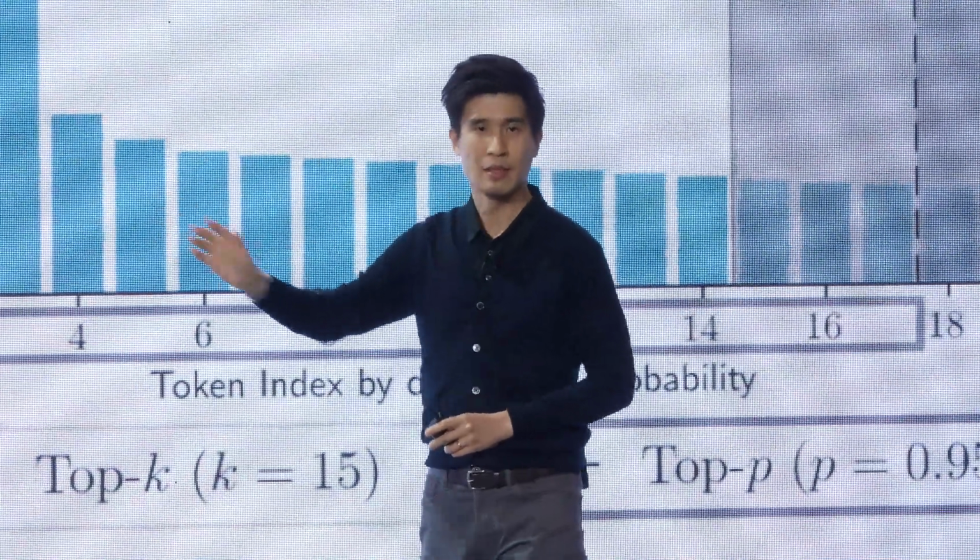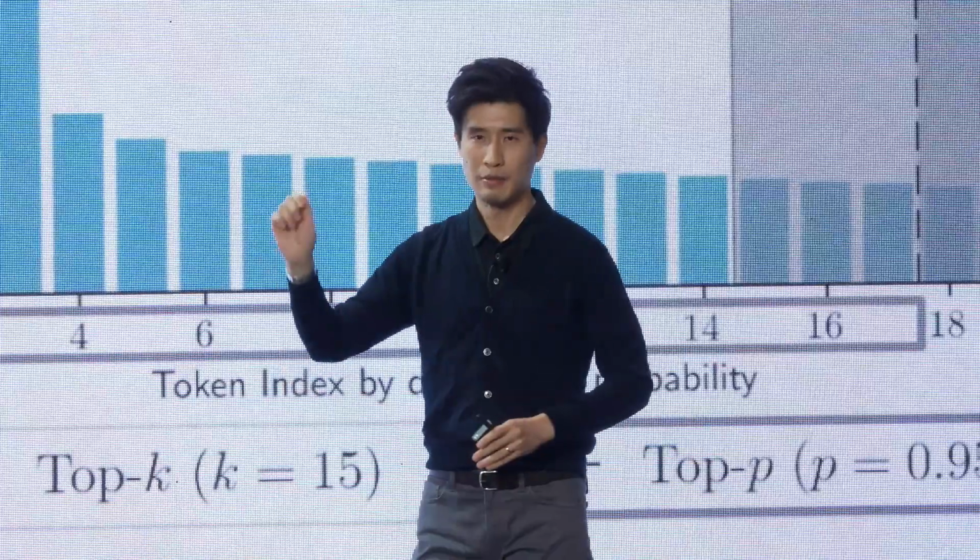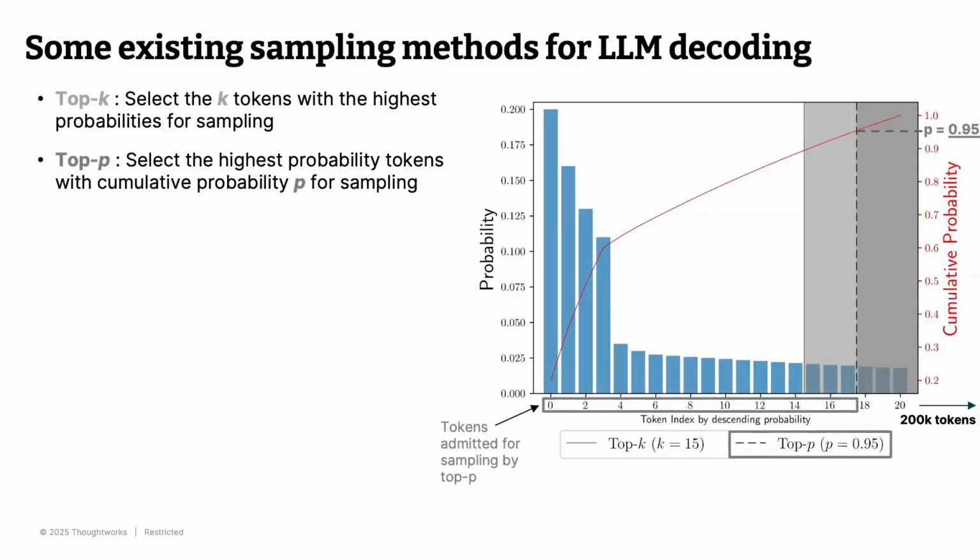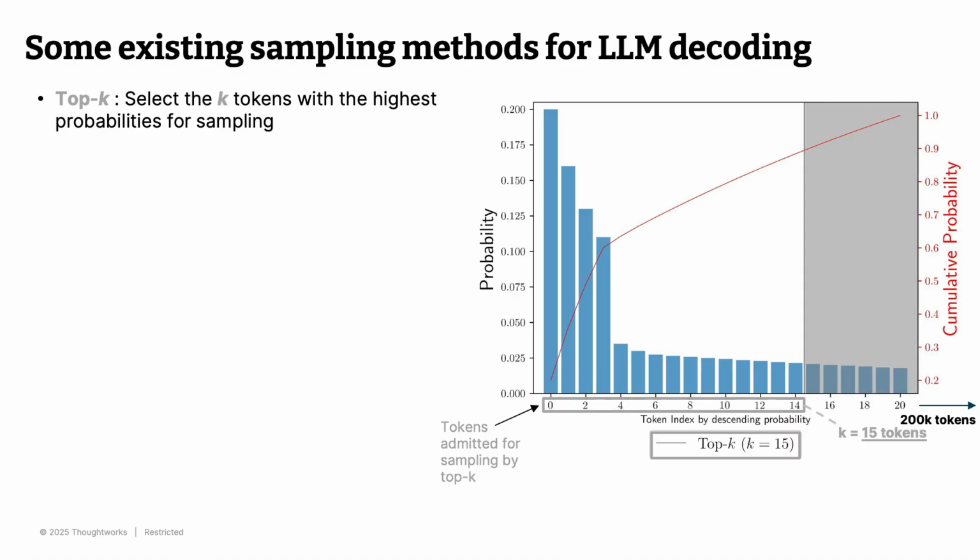Top K tokens, fix a parameter, 15 tokens. In this case, your top K, the parameter K, you set to 15, you have up to 15 tokens. You only consider the 15 tokens for sampling.